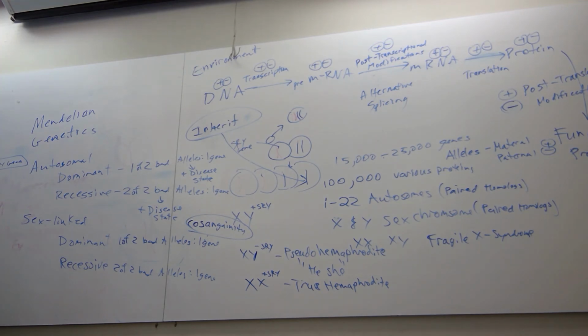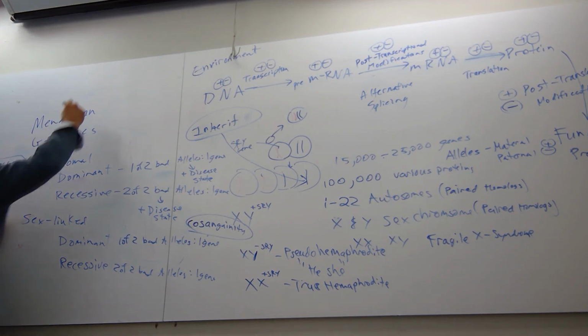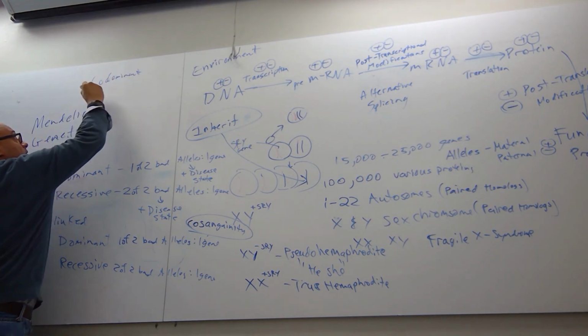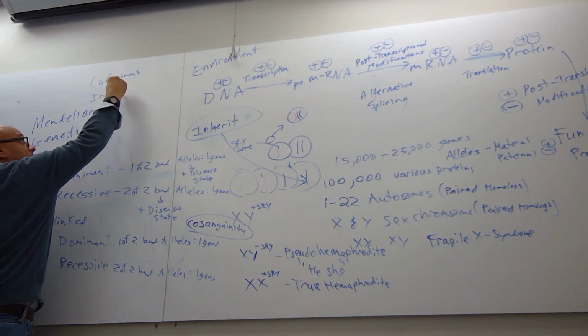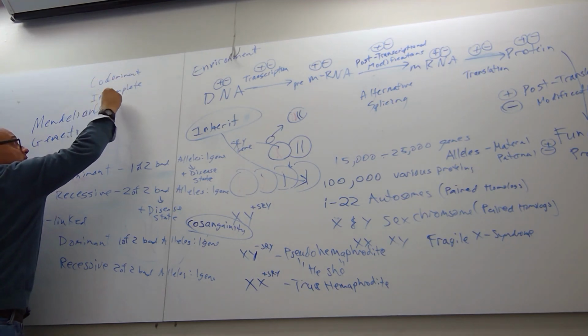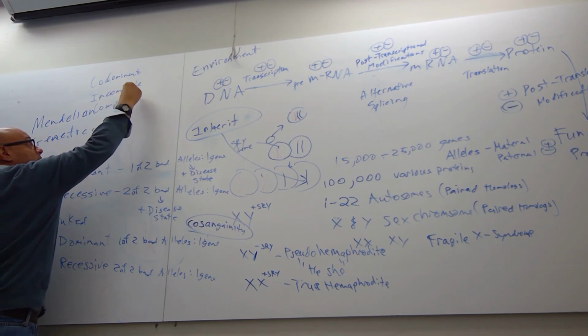There's other stuff that's a lot more complicated. And so that's what gives rise to codominant traits, incomplete dominance traits, versus complete dominance. Okay?